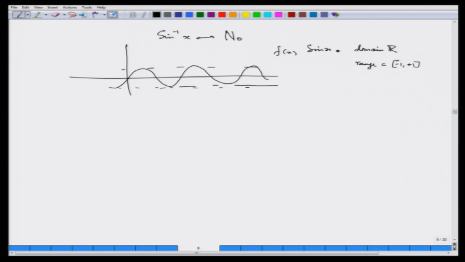Because you see, at this point the sin value is 0, at this point the sin value is 0, at this point the sin value is 0. So, sin inverse 0 occurs at n pi. But when you write sin inverse 0, in many cases we just write it to be 0, meaning we are using one of the values of this set of numbers.